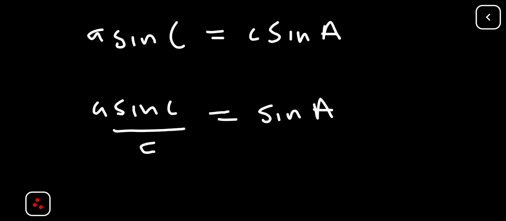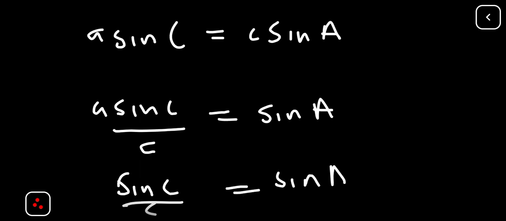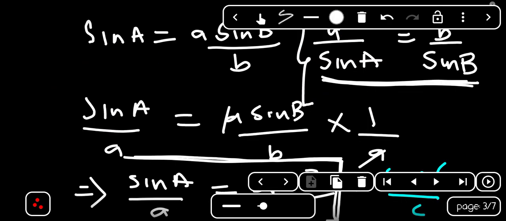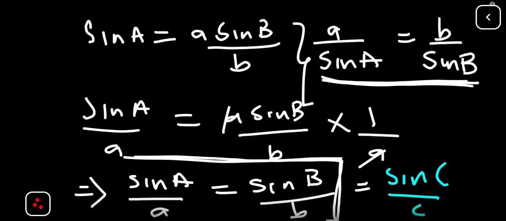If you divide by A now, you have sine C over C is equal to sine A over A. So you see sine A over A is equal to sine C over C. And from our last proof, we saw that sine A over A is also equal to sine B over B.